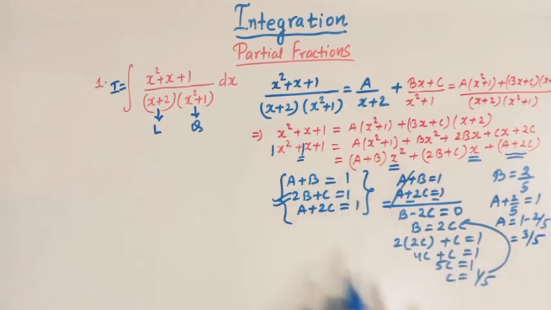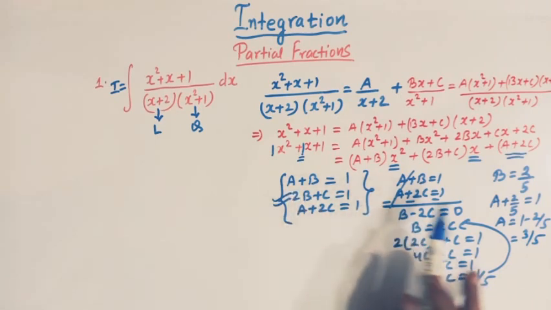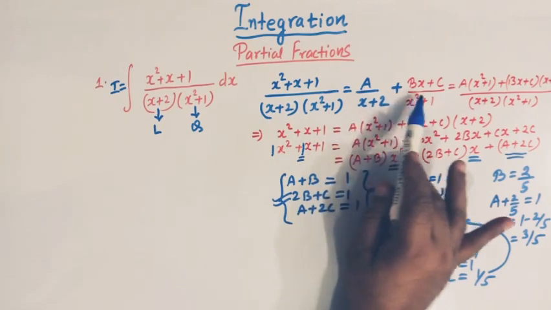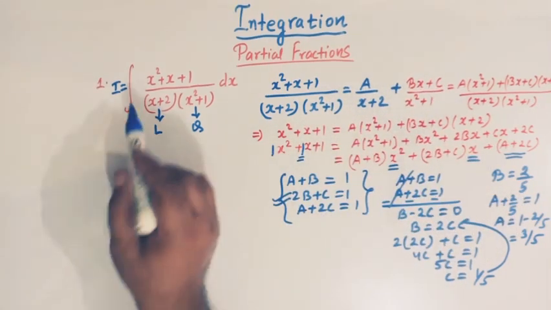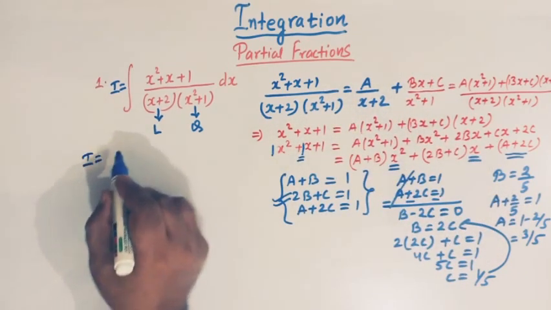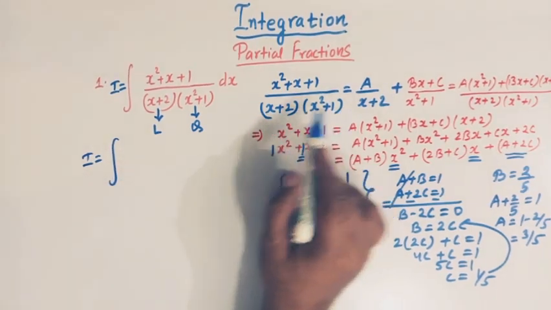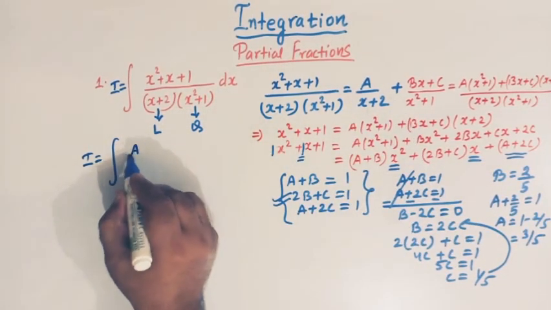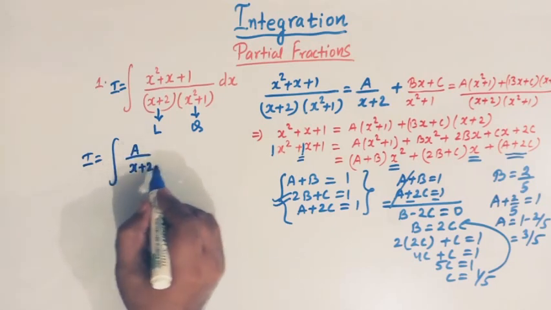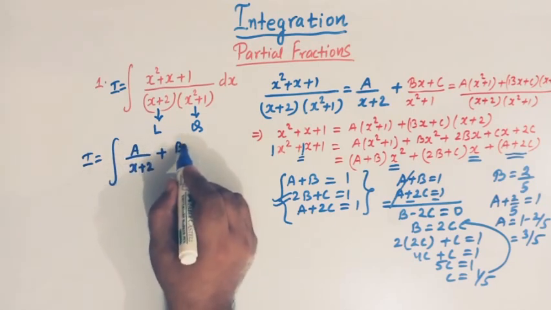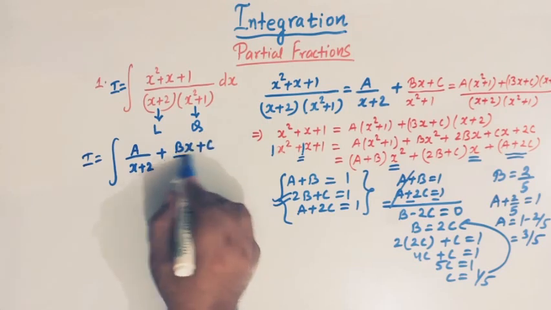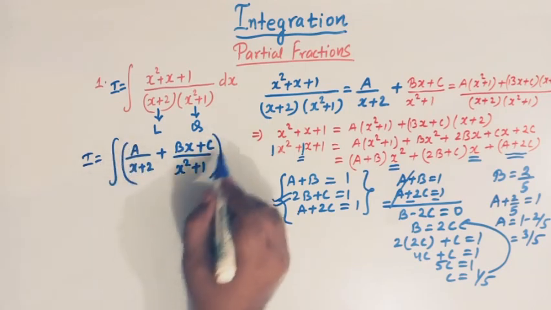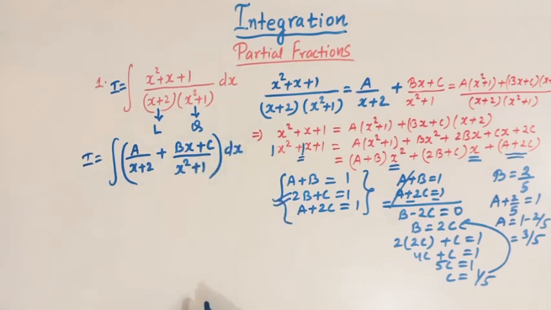So we have obtained the values of a, b and c, and let us substitute these values in this expression. So the integral becomes, for this we have a divided by x plus 2 plus bx plus c divided by x square plus 1, and here we have dx, right?